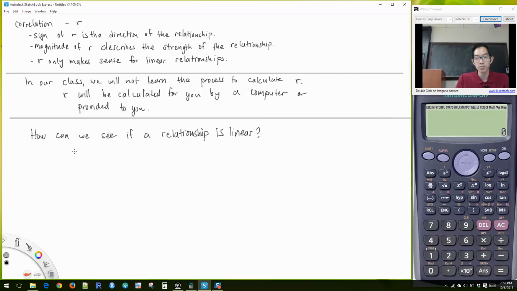The only way we can see if a relationship is linear is we create a scatter plot, and look. There do exist methods, maybe in a higher statistics class, but creating a scatter plot and looking is really our best method here, okay?